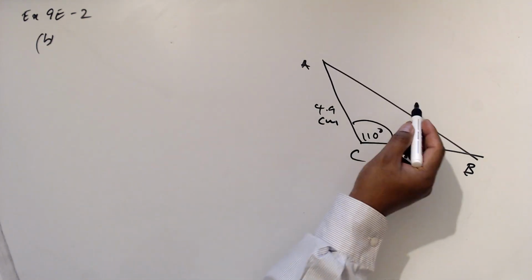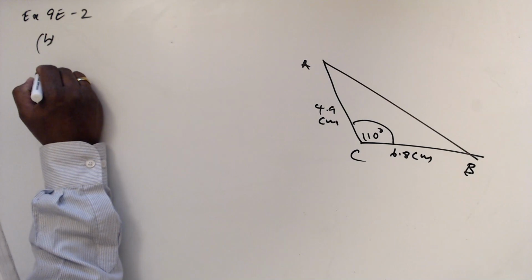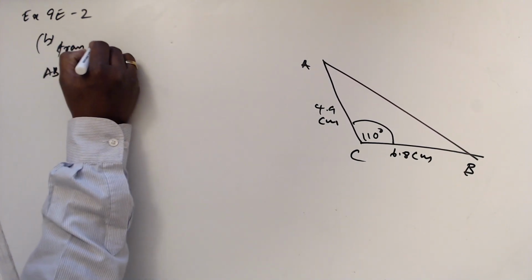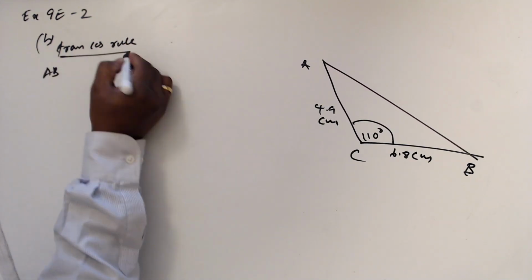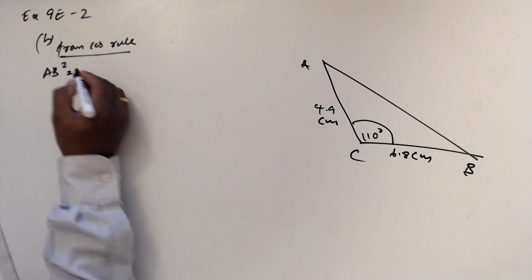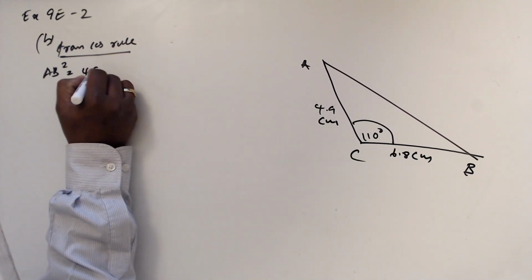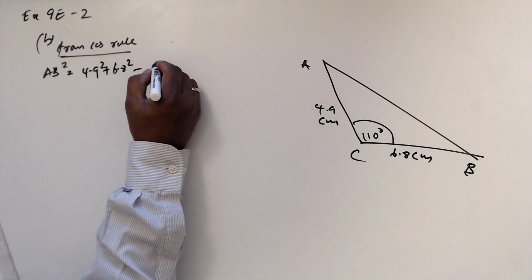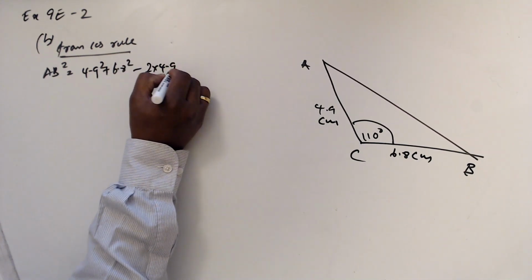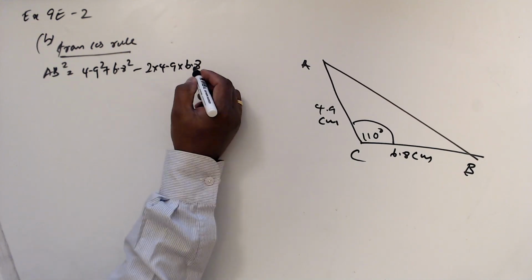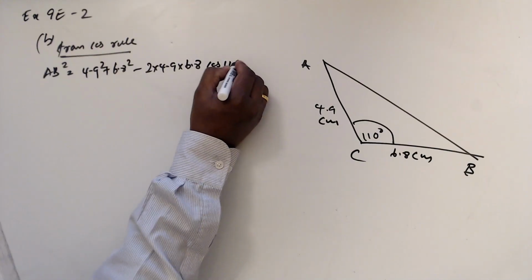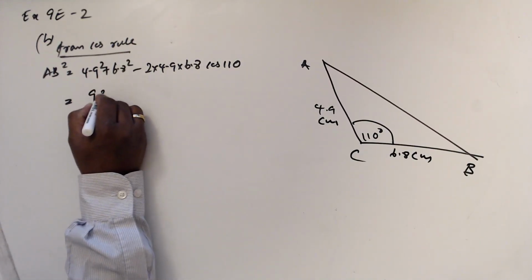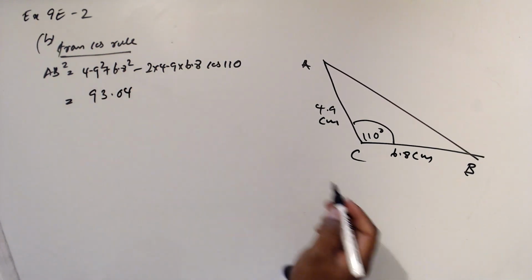Yes, I can find the base from the cos rule. So from the cos rule, AB square equals 4.9 square plus 6.8 square minus 2 times 4.9 times 6.8 cos 110, which is 93.04.